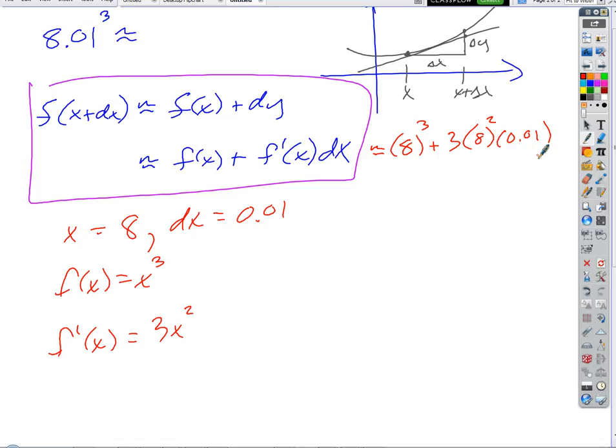So what is 8 cubed? 512. Okay, plus, let's see, 8 squared times 3 is 192, times 0.01 is 1.92. So you're going to get 512 plus 1.92, which is what, 513.92? Okay, let's just see how close we got.